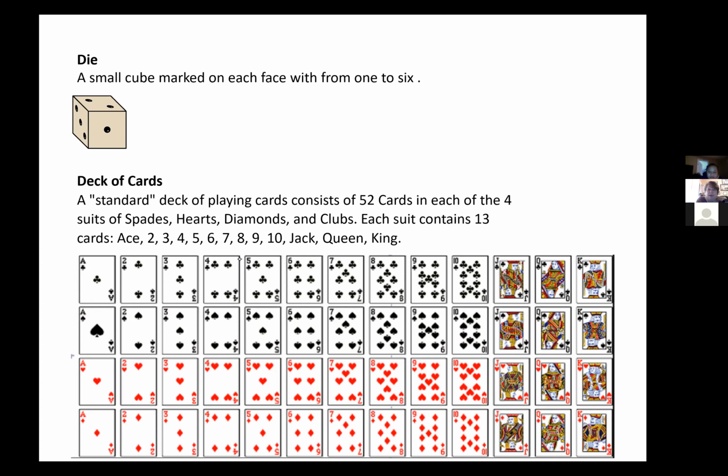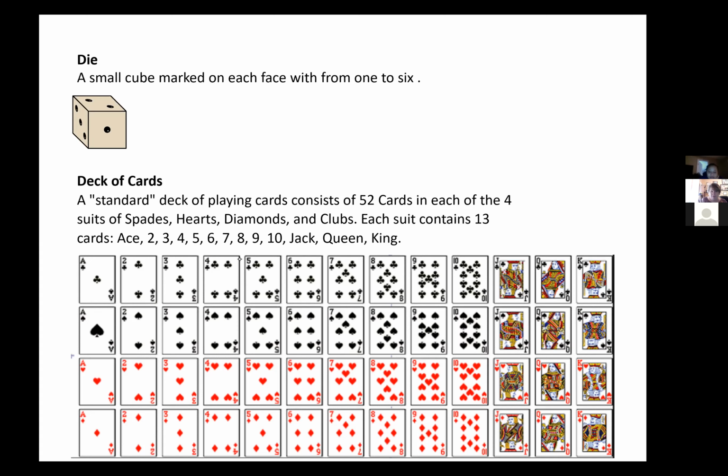The other item that we use quite frequently when we talk about probability and outcomes in an experiment is a deck of cards. A deck of cards is 52 cards in 4 suits. So we break these 52 cards into 4 different suits.